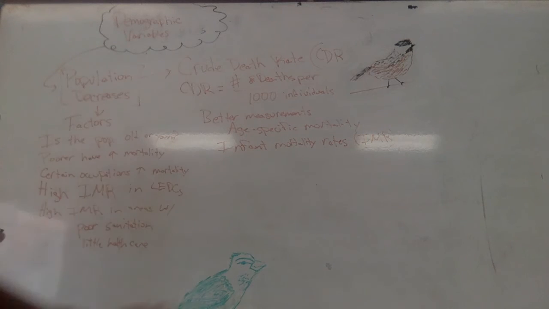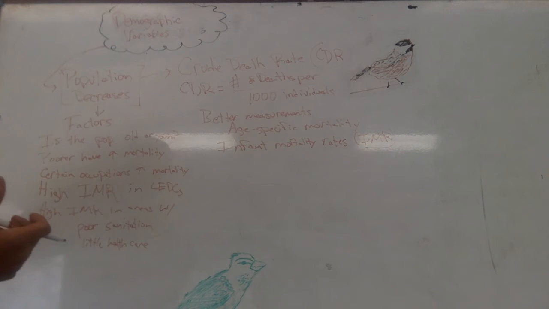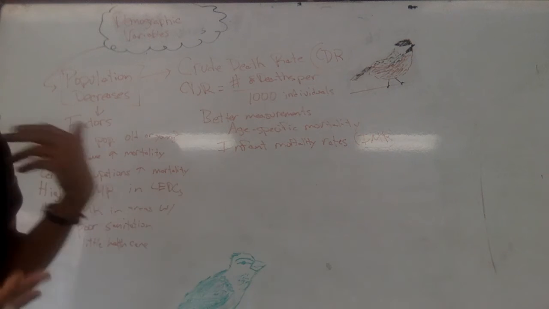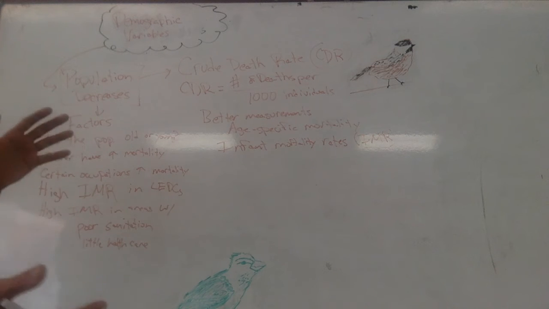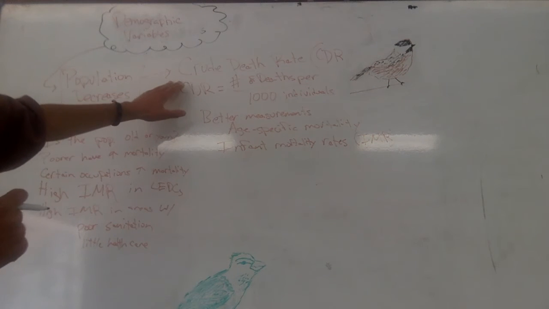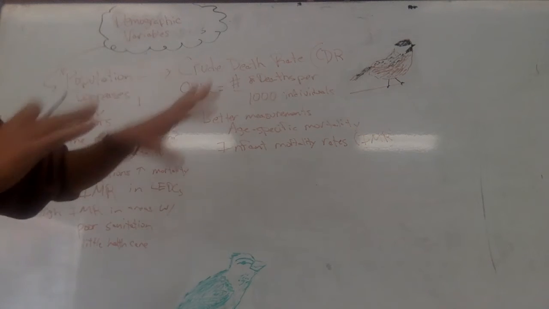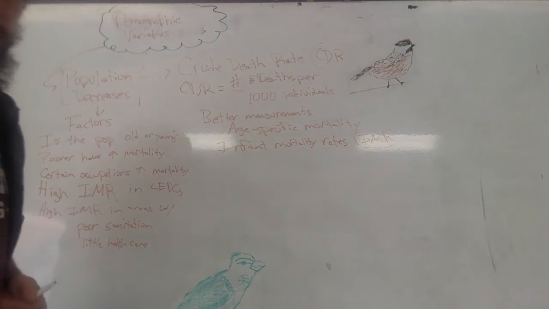So these are the main focus of population decreases. In this case, we don't account for immigration, people coming into a country, or emigration, people leaving a country. It's a little bit hard to measure sometimes, but these are just the crude measurements. So without all those additional factors, how is the country's population changing?